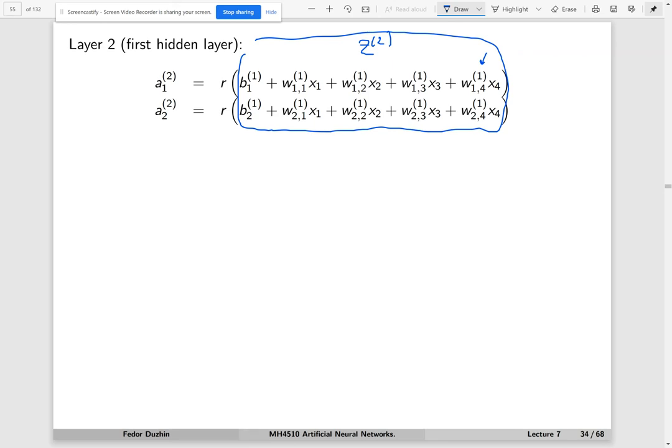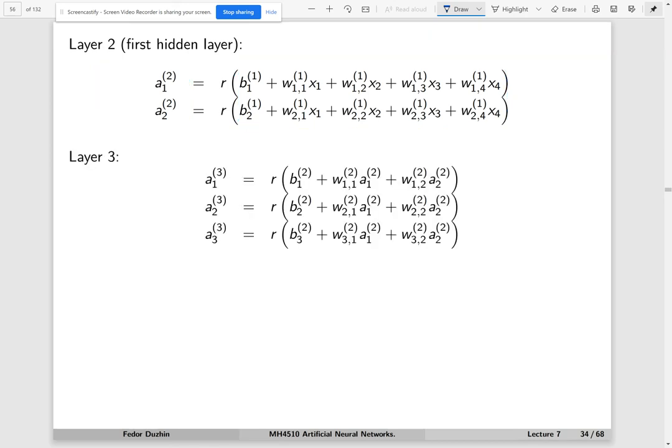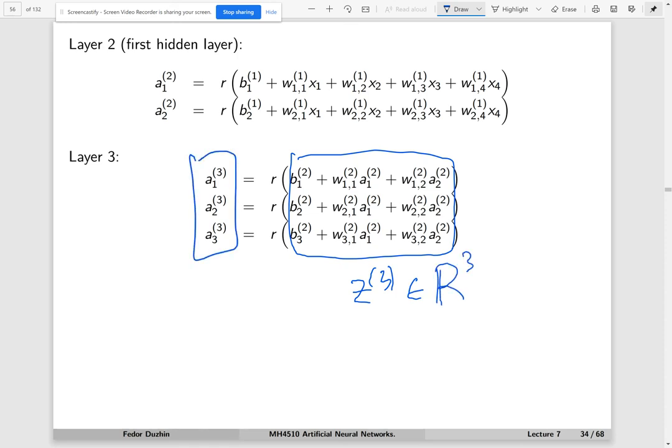The output of this second layer, as a vector, is just called A2, but if you want to specify, you can write down its specific components. Then we have layer 3. The vector that is here is the vector Z3, a 3-dimensional vector, and A3 is also a 3-dimensional vector.